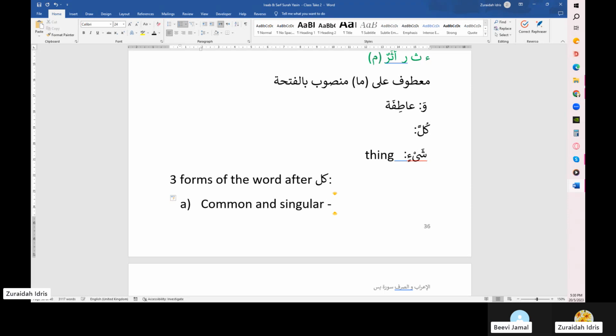So this would be everything, every single thing. That translation was each and every single thing. Like I said, it makes my hair stand on end. Subhanallah, each and every single thing.